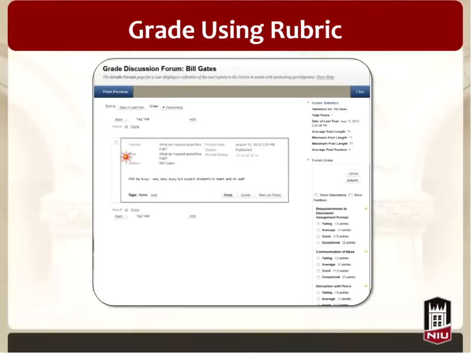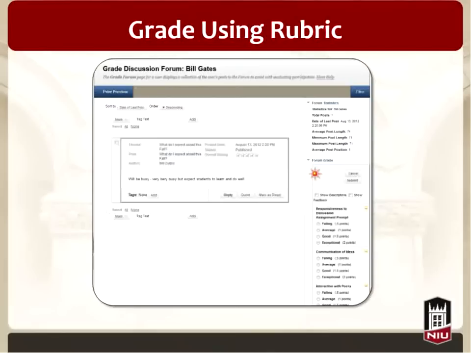For those of you that do use discussion boards in your courses, whether online or face-to-face, you'll probably know that you can grade discussion forums and threads using point values and comments, but this is an example of what it might look like if you actually associated a rubric.